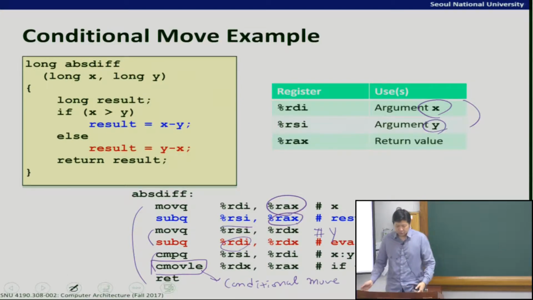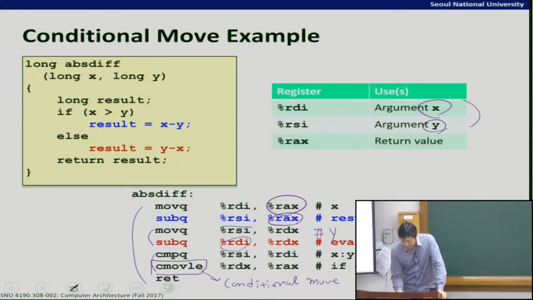What this instruction does is: if the condition less than or equal to is satisfied, that means x minus y is less than or equal to 0, which implies x is less than or equal to y, then you execute the move.